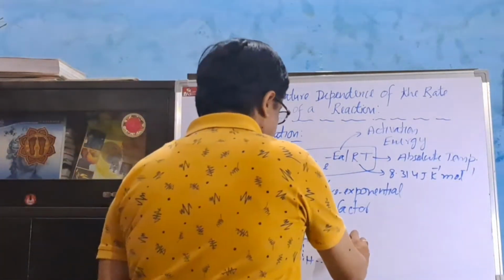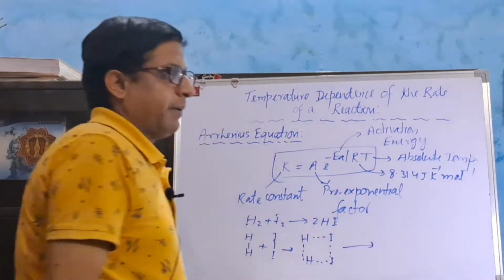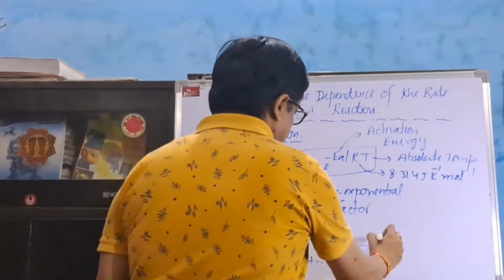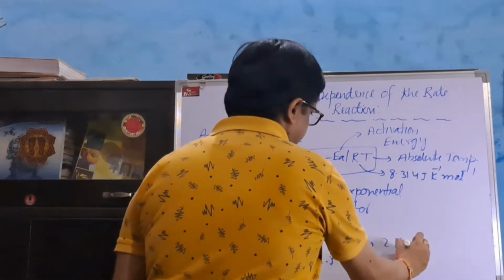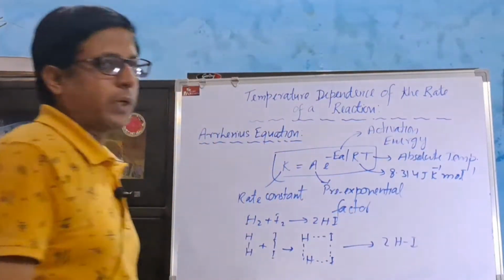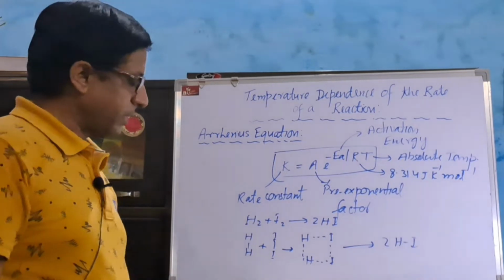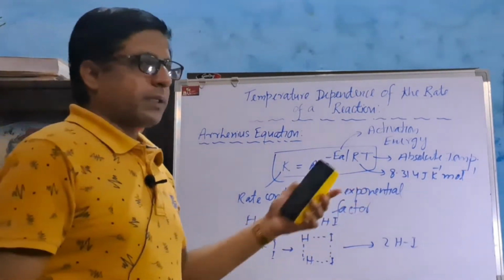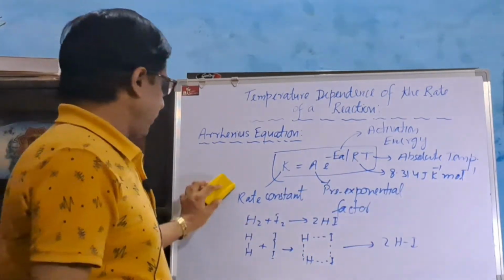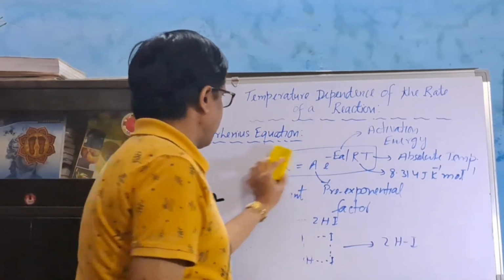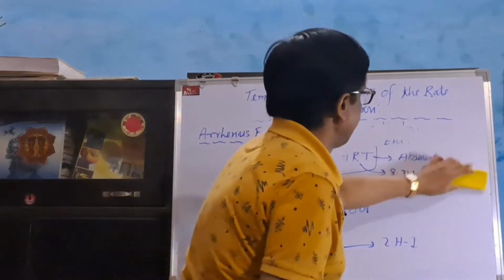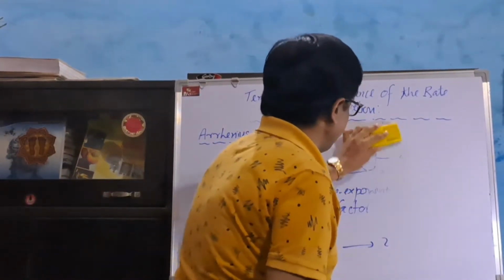This is the intermediate step. And finally, the formation of product 2HI takes place. Two hydrogen iodide molecules are formed in the product.